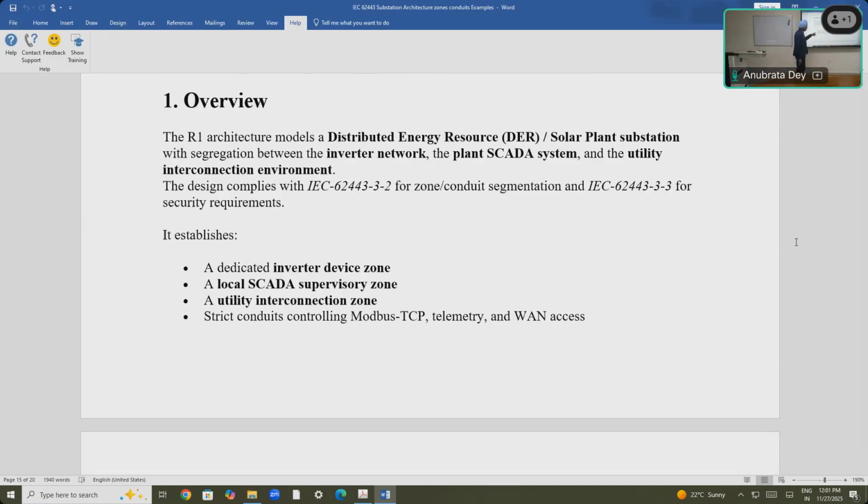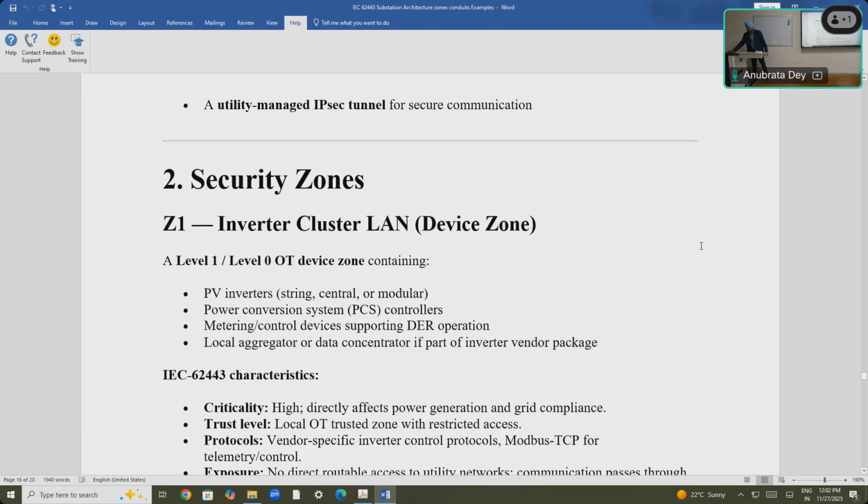By separating these zones, a dedicated inverter device zone, it sets up local SCADA supervisory and a utility connection, and very strict conduits controlling Modbus TCP, telemetry, and wide area network access. And you have a utility managed IPsec, which is VPN basically. Right now, I think we'll consider that as VPN.